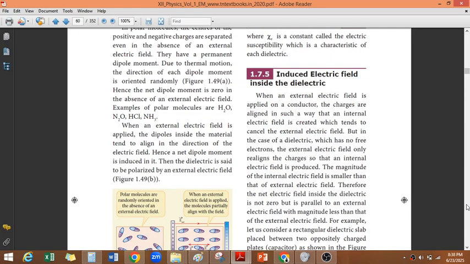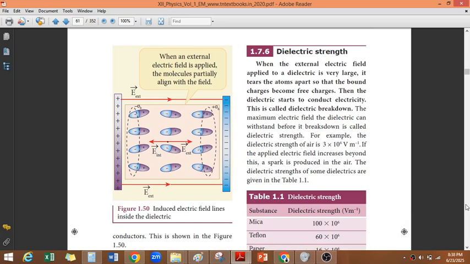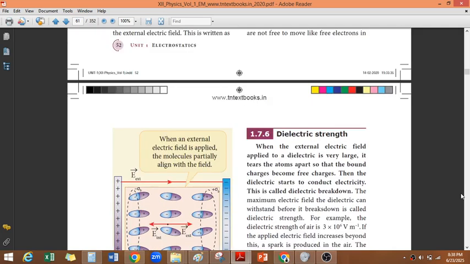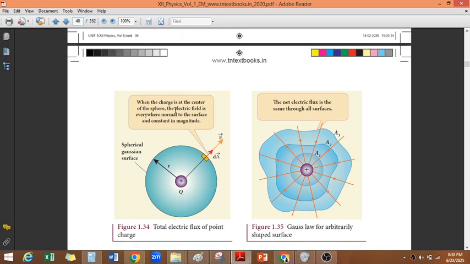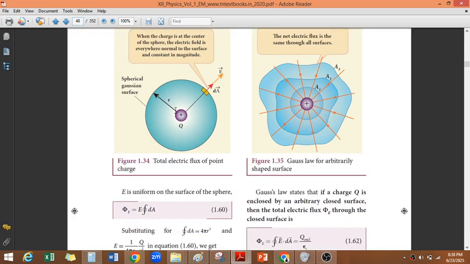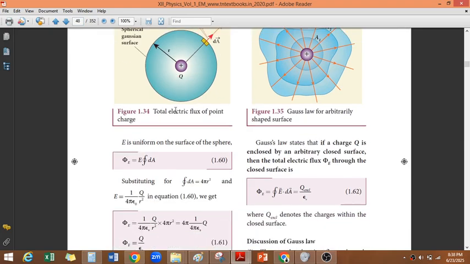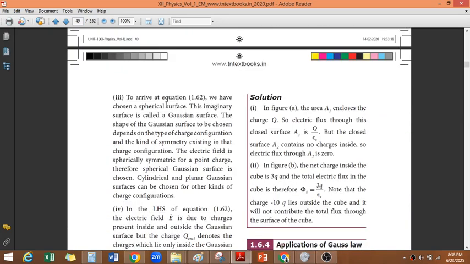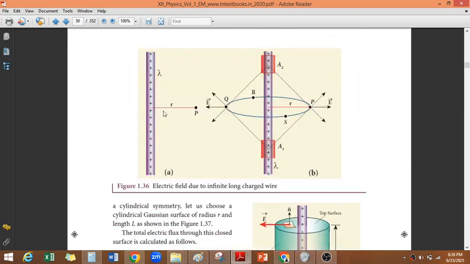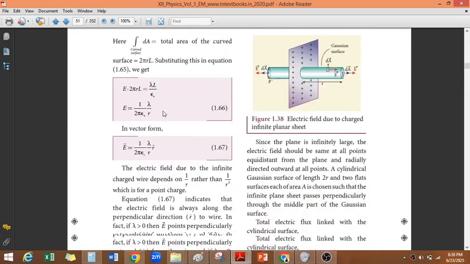Sir? Yeah. Sir, on page number 48, they have given a statement. Kindly explain that statement, sir. 48. Okay, the PDF page number is different from this page.